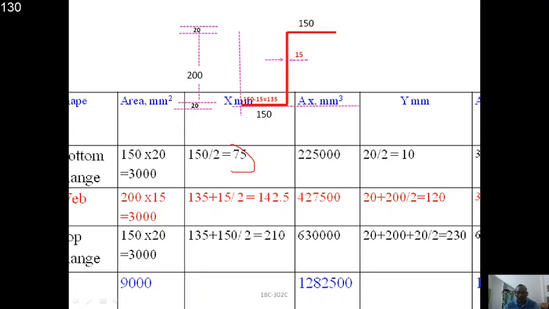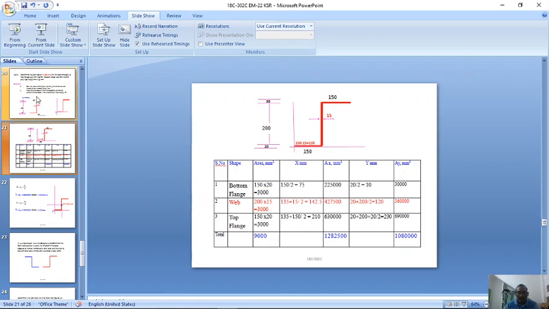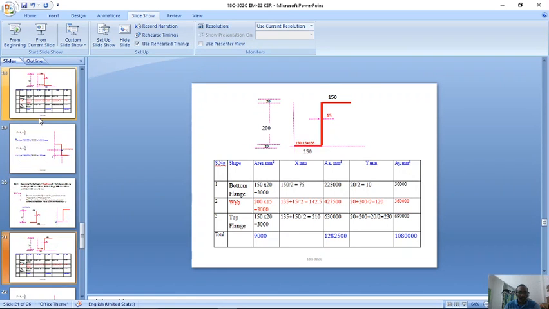For the bottom it is 75 and for the top it is 210. So remember, for this orientation, the values are reversed. This is 75, this is 210, right? Just reverse them for the orientation.